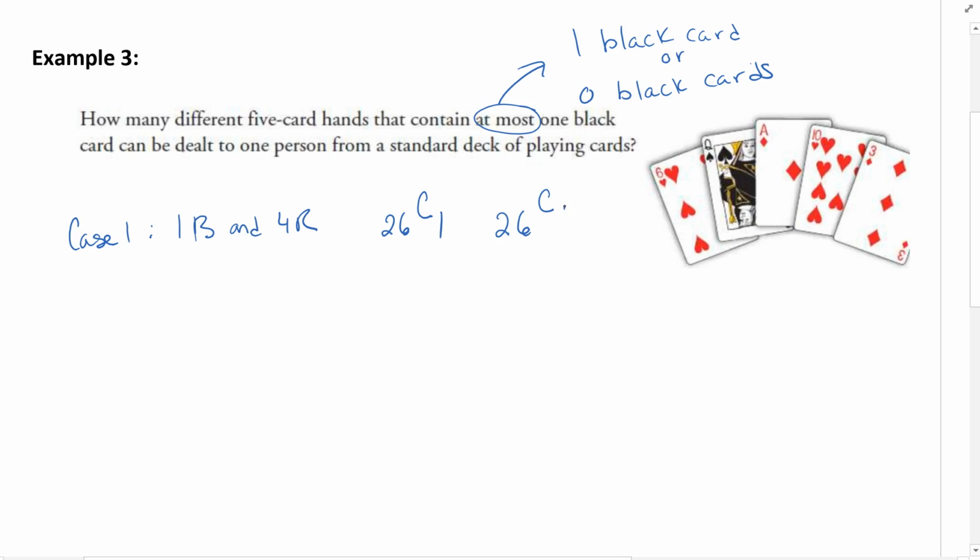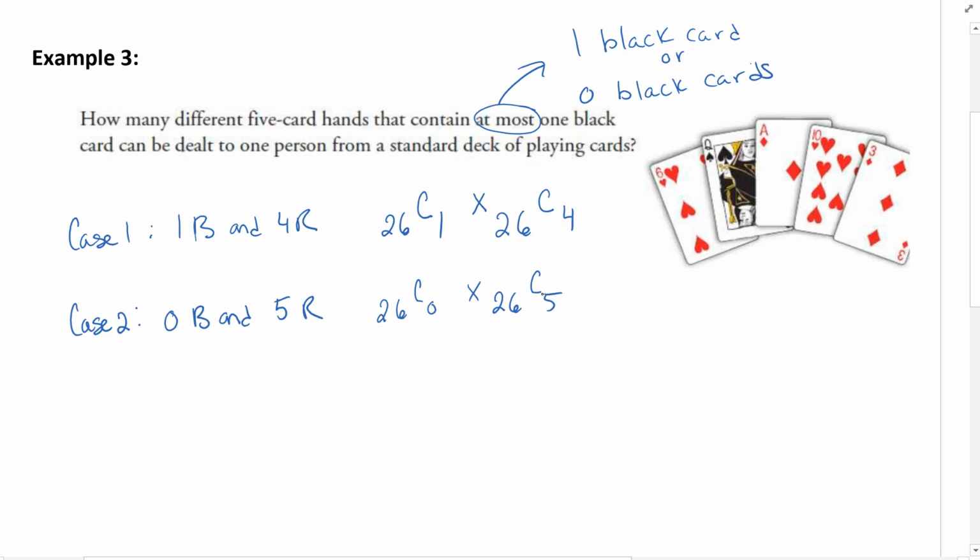And we want 4 of those. Because it's one black card and 4 red cards, we're going to multiply that together. Case 2. What if there are no black cards and 5 red cards? Well, that would look the same, but it would be 26C0 times 26C5.